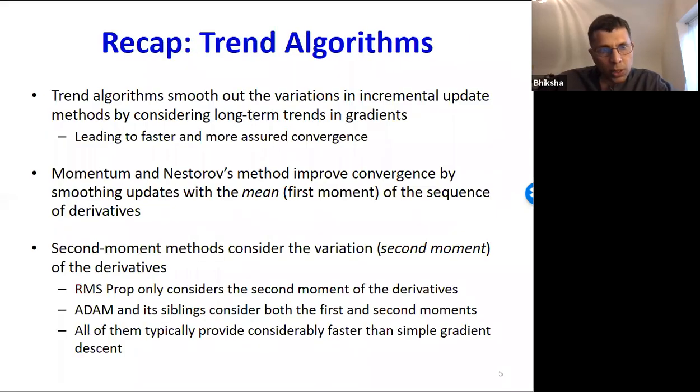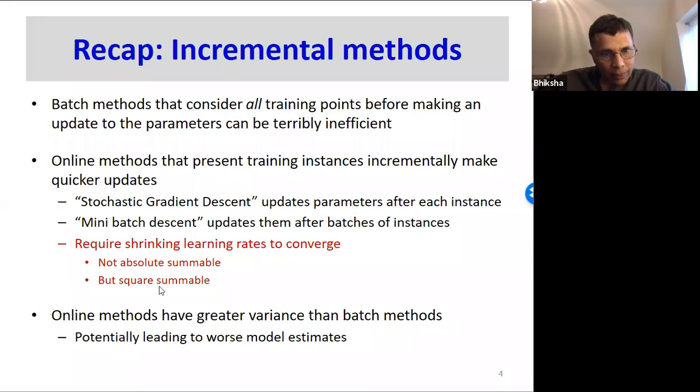One problem with online methods is that they have greater variance than full batch training, potentially leading to worse estimates. And so you have to twiddle around with the minibatch sizes to minimize this variation.